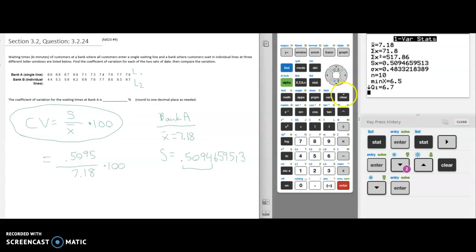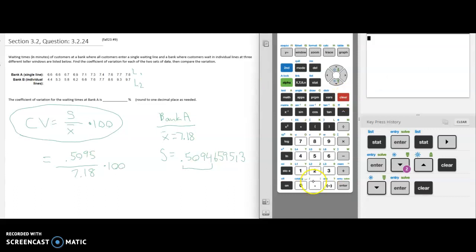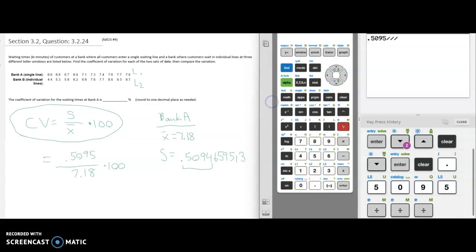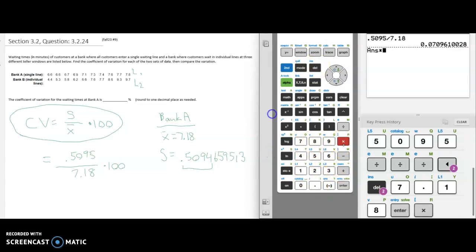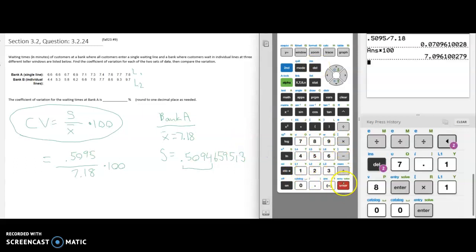In the calculator, 0.5095 divided by 7.18, enter, times 100, enter, and I get 7.096, which rounded to 1 decimal place is 7.1%. So you'll type that in MyLab.